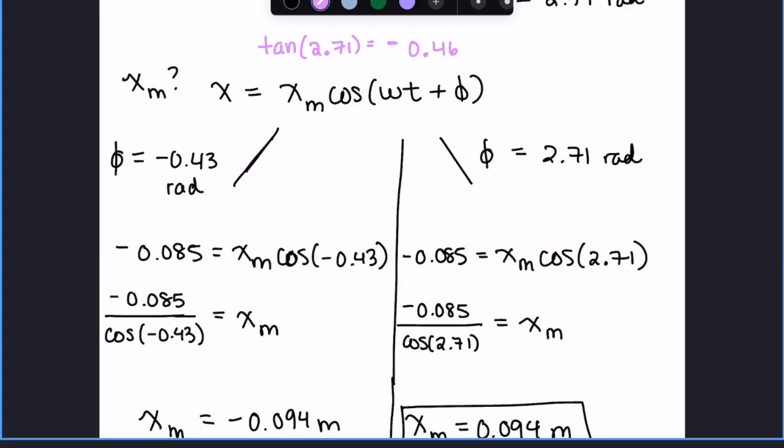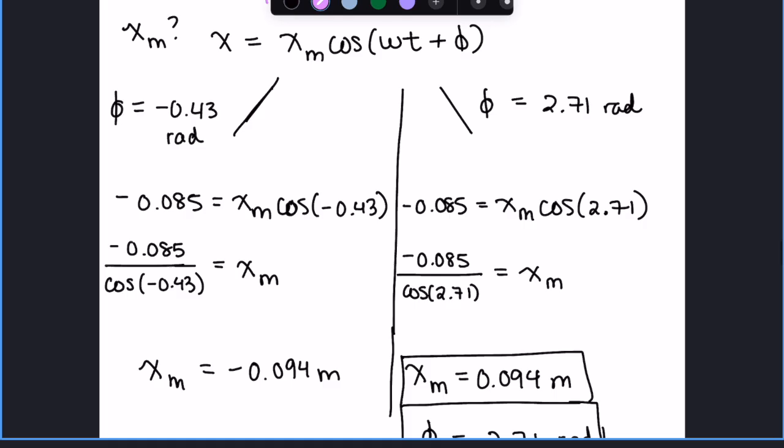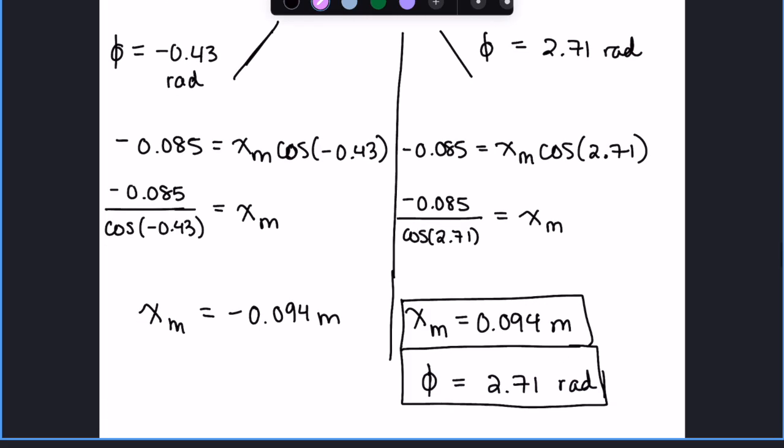If I use my one solution, that ends up giving me a negative amplitude. If I use that other solution for the angle, that ends up giving me a positive amplitude. And you could take this one step further and plug each of these values into the velocity function and the acceleration function and see which one will give you back the right sign of each of those values for t equals 0.